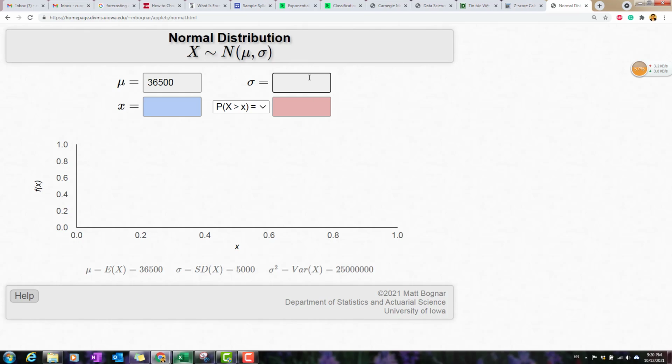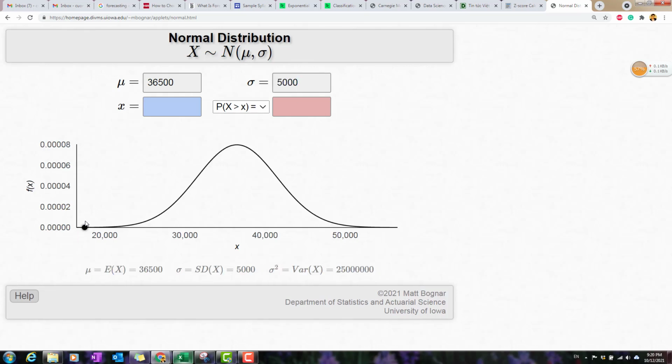Another one is the standard deviation, that's 5,000. This is how it looks at first. When you click, you see how it is generated, and x here should be 36,500, where we have the mean, and also where we have the highest peak of the probability.